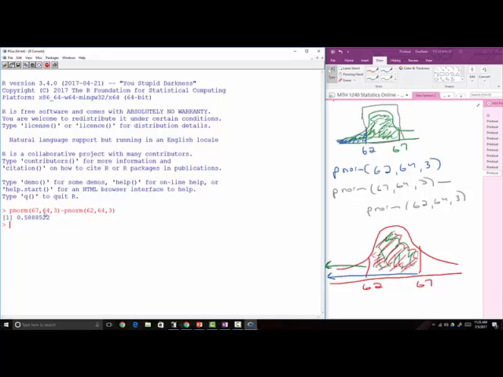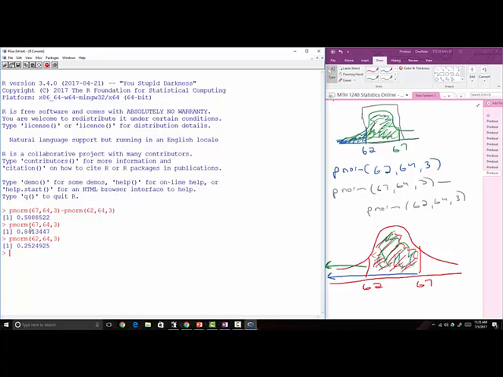So that gives me the 0.588, right? So if I did just this command, that would be all the area to the left, and then if I did just this command, that'll give me the area to the left of that, right? And then the difference of those two is the area I'm interested in, right?